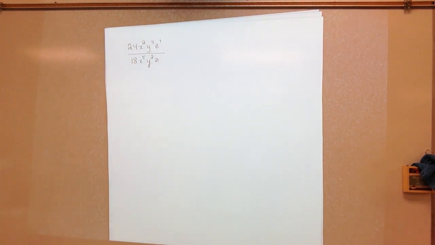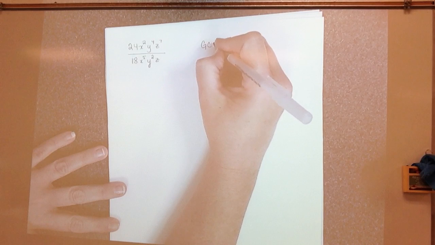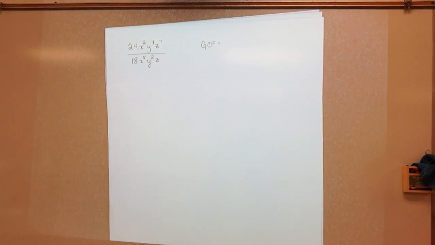Remember, all I'm trying to do is reduce this. I want it to be the smallest that I possibly can get. All right. So let's think about the GCF. The greatest common factor. What is the biggest number that I can pull out of 24 and 18?